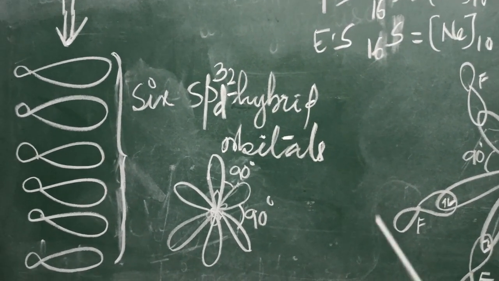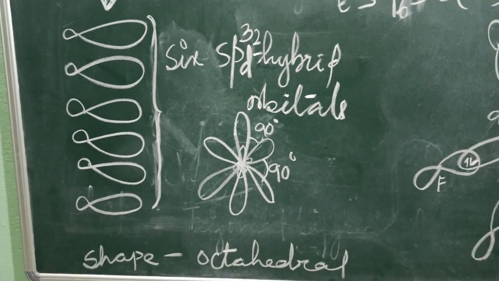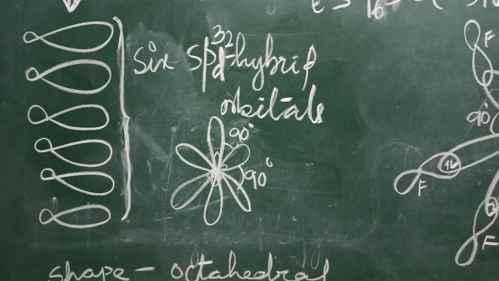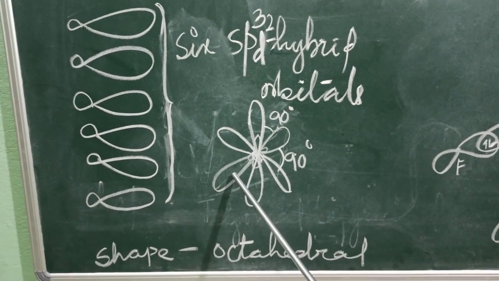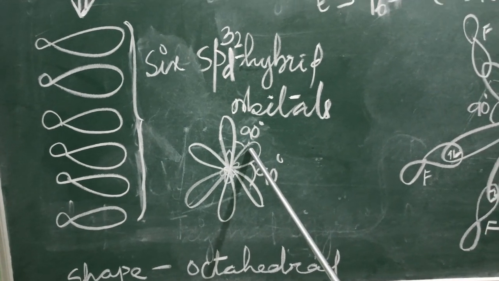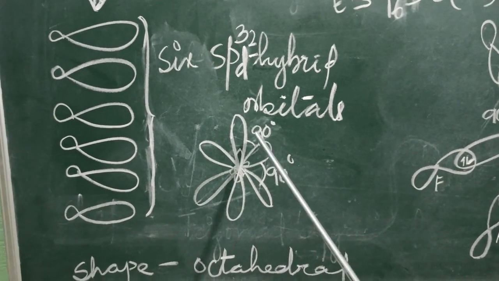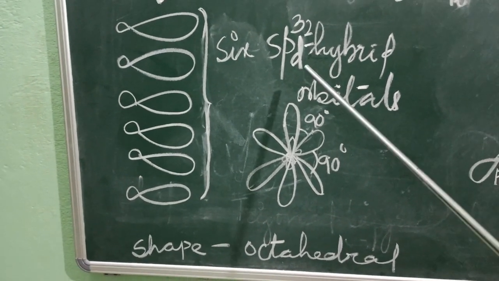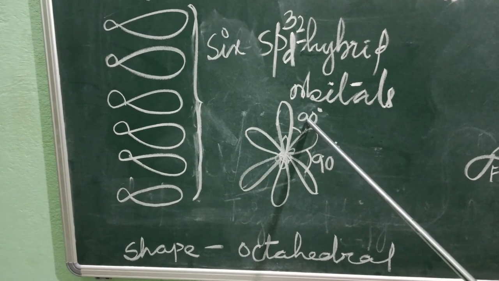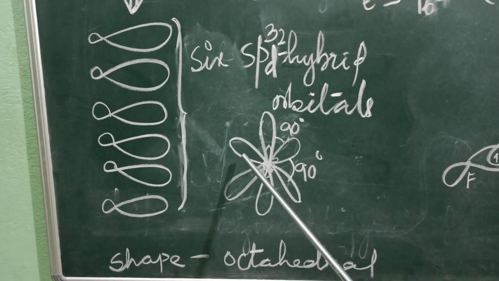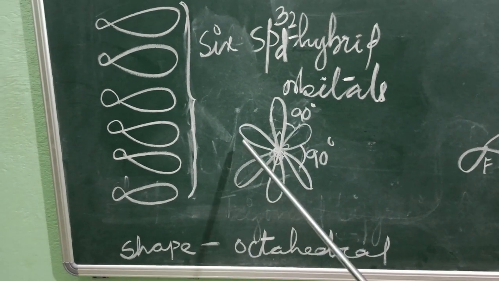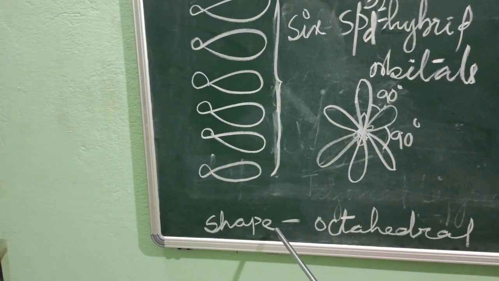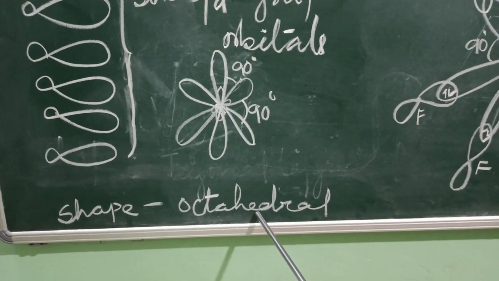All these hybrid orbitals are equivalent, making an angle of 90 degrees. Four of the sp3d2 hybrid orbitals remain in the equatorial plane, and the remaining two sp3d2 hybrid orbitals make an angle of 90 degrees, remaining perpendicular to the equatorial plane containing these four sp3d2 hybrid orbitals. So, this results in an octahedral shape.